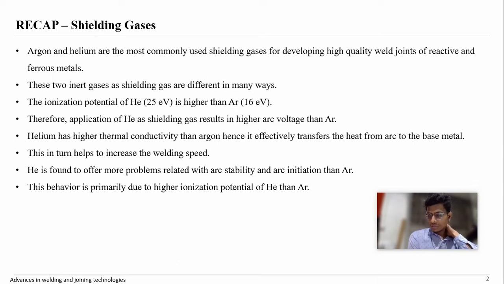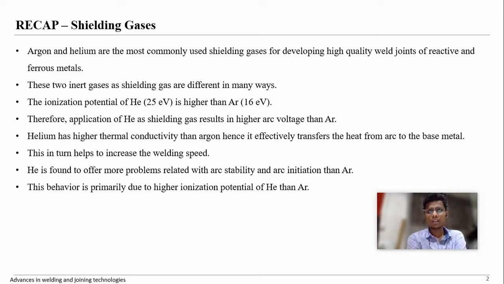Basically, the selection of shielding gases is mainly based on the metals to be joined, meaning what metal you are going to join. That is an important thing. And also the application where you are going to apply it, and also the economics point of view. Based on these three criteria, we select the shielding gas.